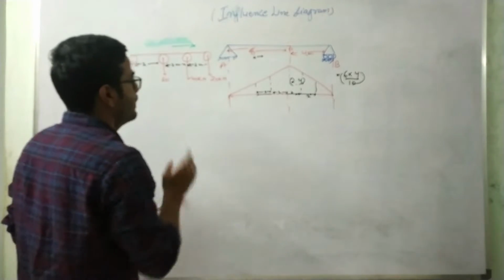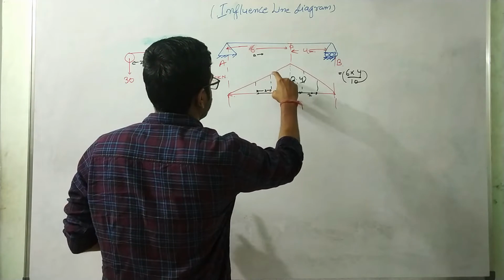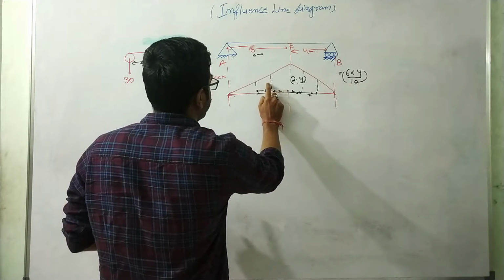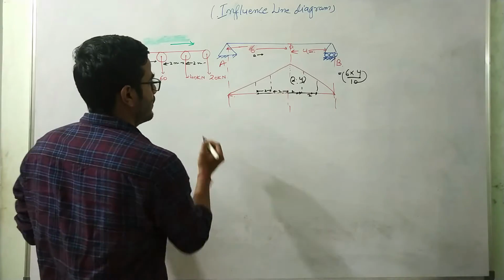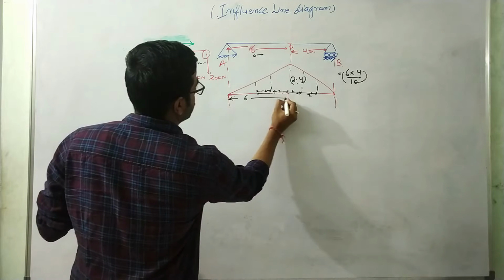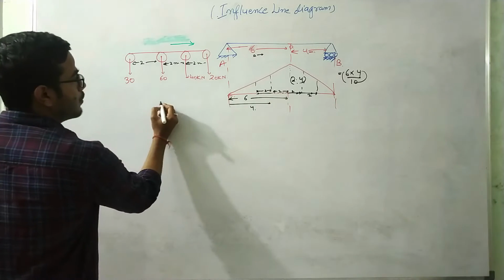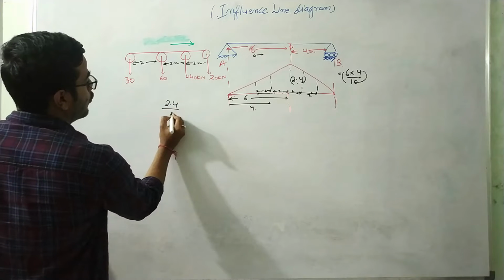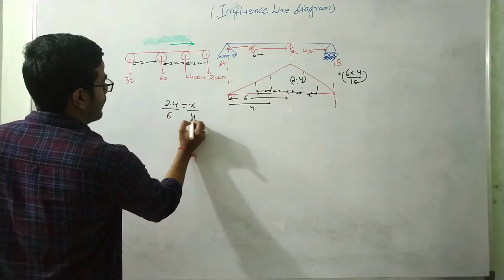First we'll calculate this ordinate, the value of which you can find with the help of similar triangles. This distance is 6 meter, and up to here it is 4. So you can write 2.4 over 6 equals x over 4.